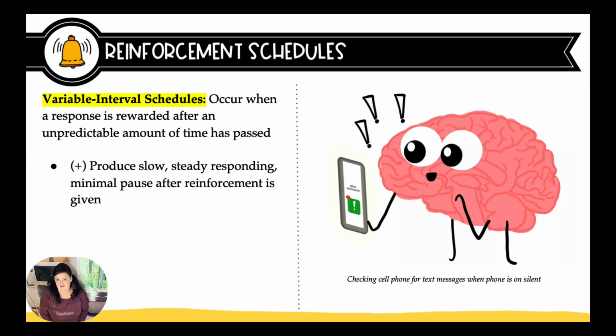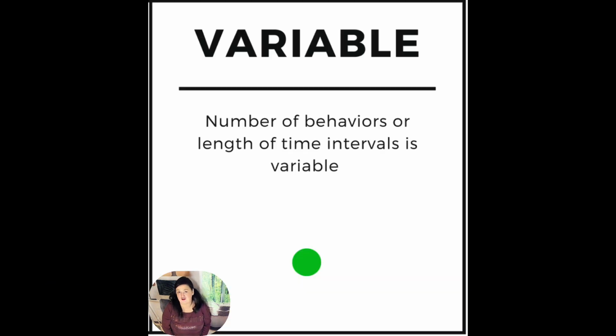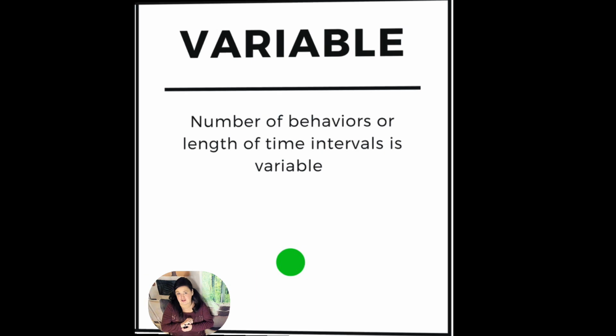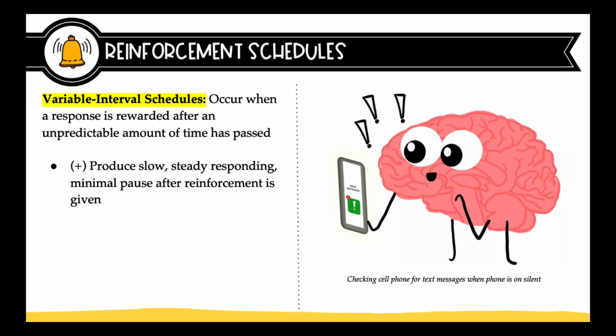Schedule refers to the rate of reinforcement delivery, or how frequently the reinforcement is given. Variable indicates the timing is not constant and may vary from one trial to the next. And finally, interval means that the delivery is controlled by time. So variable interval means the reinforcement is delivered at varying and unpredictable intervals of time.